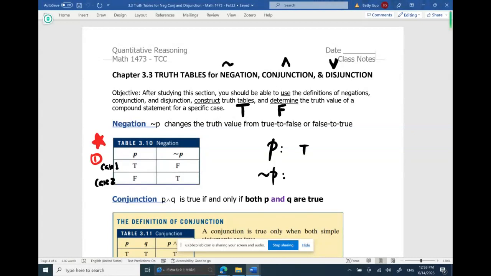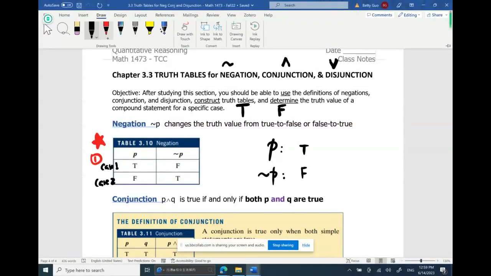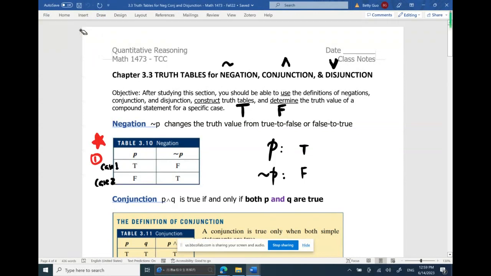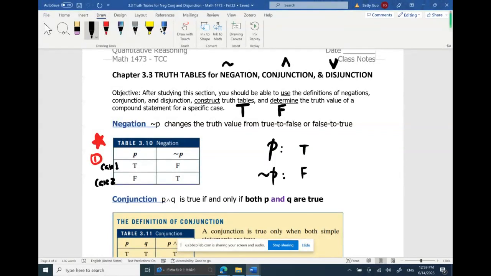So it is false. It's against the fact. So the first truth table is pretty straightforward. All you need to remember is the negation has opposite truth values. Not P changes the truth value from true to false or false to true. So that's the first one.